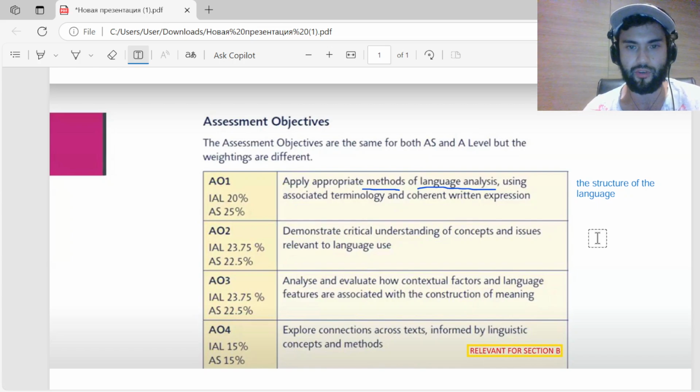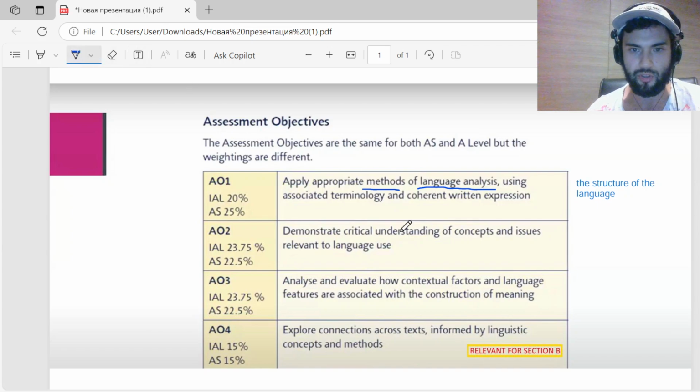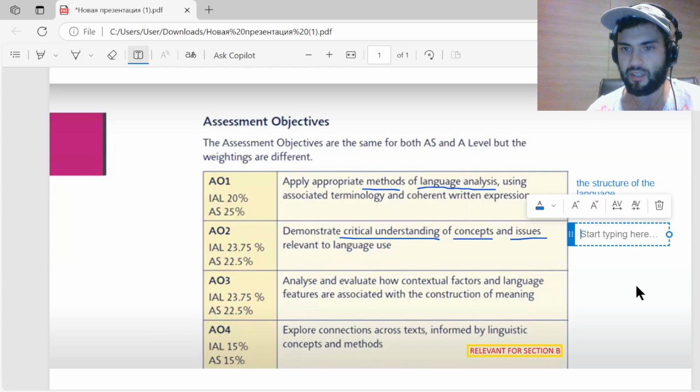which is to demonstrate critical understanding of concepts and issues relevant to language use. This one is pretty easy. With critical understanding of concepts and issues, of course, they're relevant to language use. It means that we are using appropriate terminology.